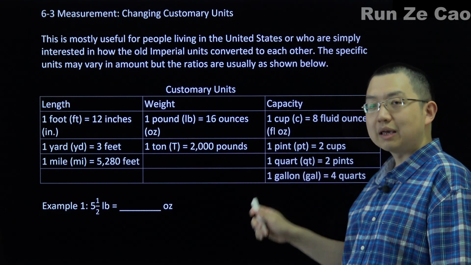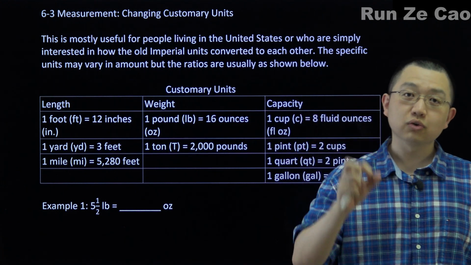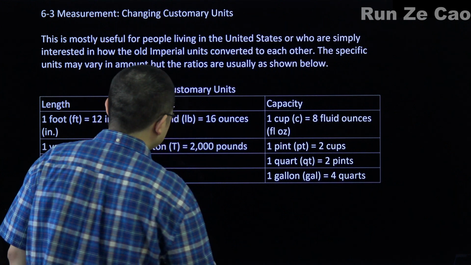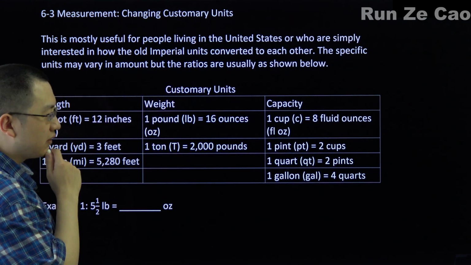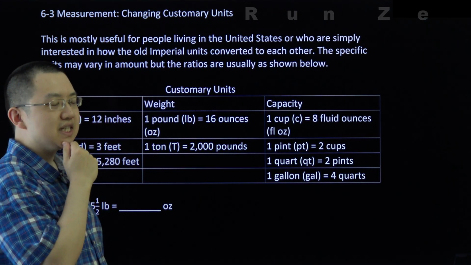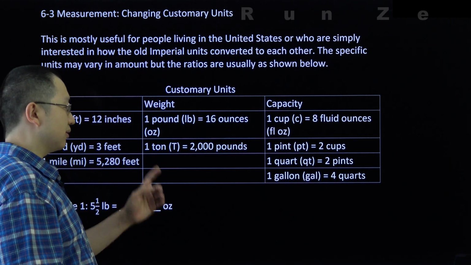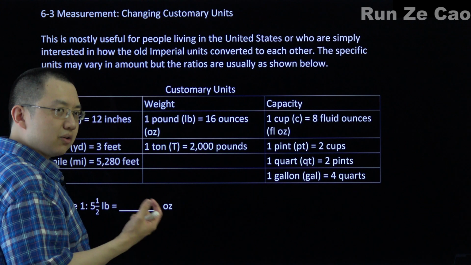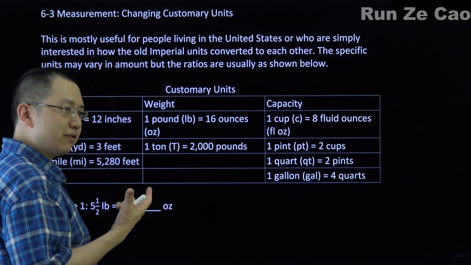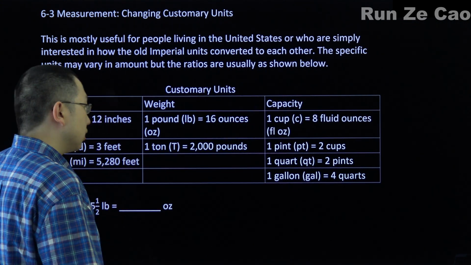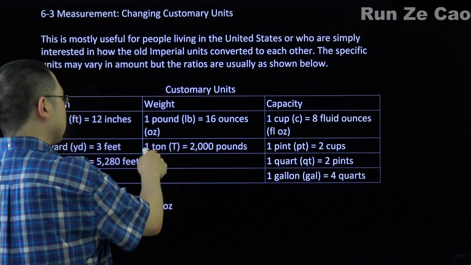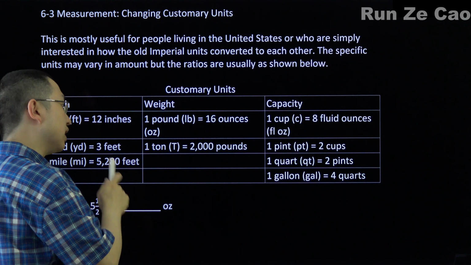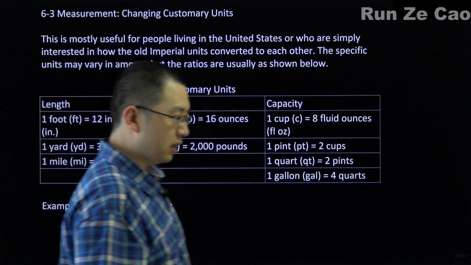Quart has, of course, the same etymology as quarters, which are 25 cents. A pound is 16 ounces, kind of like the old Chinese measurements where you had 16 of the smaller unit to one of the next larger unit. The smallest commonly used unit, that is. 1 ton is 2,000 pounds.